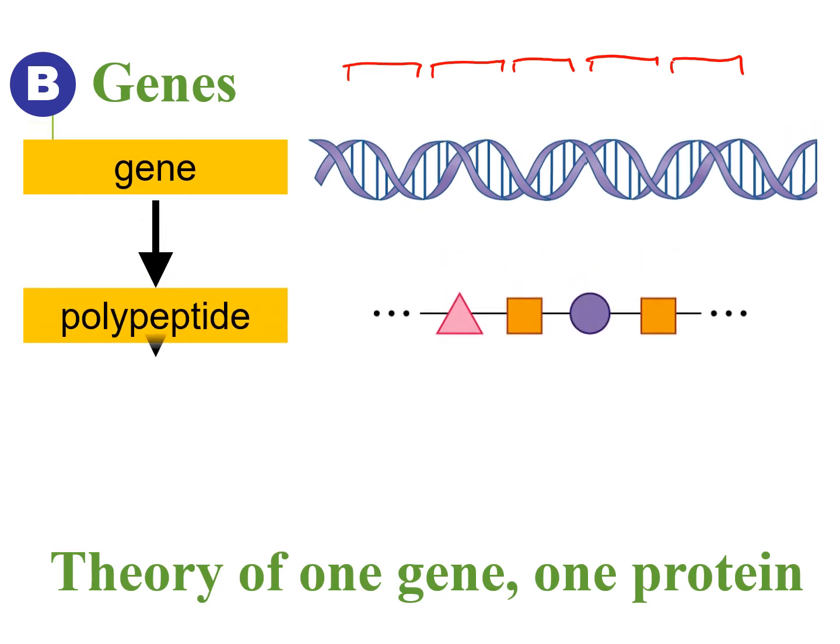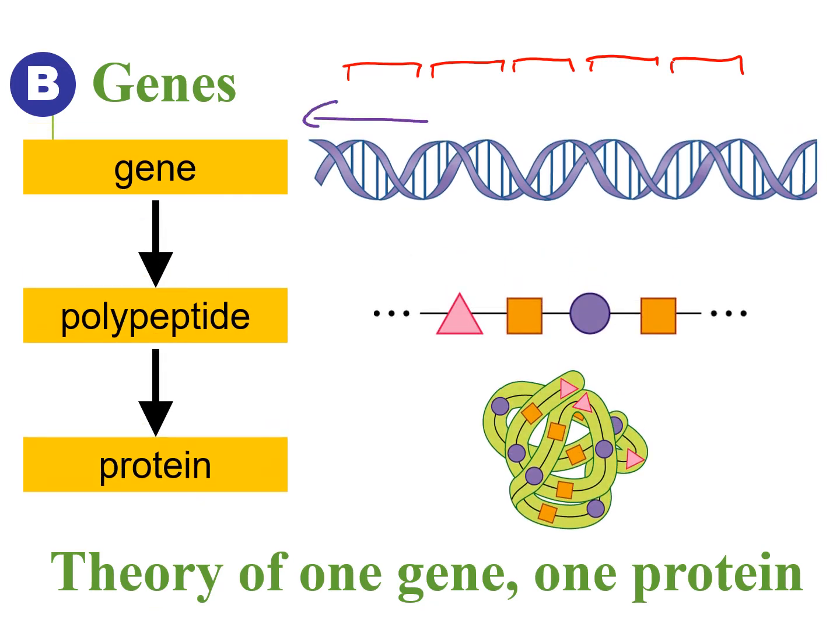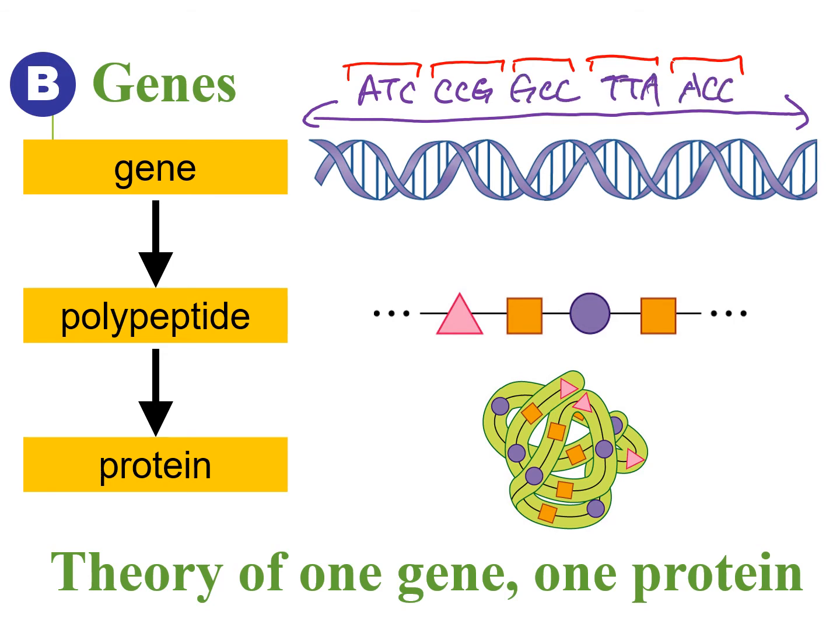So, given the idea that the gene, this particular segment of DNA, has the genetic code, for example ATC, CCG, GCC, TTA, AGG, these help to code for amino acids.